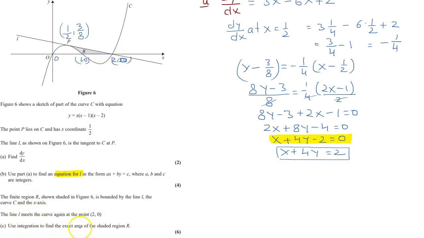Use integration to find the exact area of shaded region R. We have to find the area of this region. We have to find this area, so let's see. Let's say this is Q and this is S. So we have this triangle.